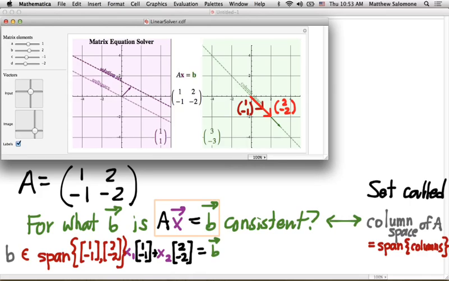In fact, to use a geometric word, they're parallel. And because they're parallel, what did we conclude, by the way, a couple days ago? If the columns of a matrix are parallel vectors, what's the determinant of that matrix? 0. Which is certainly the case for our matrix here. This determinant is -2 minus -2, 0.